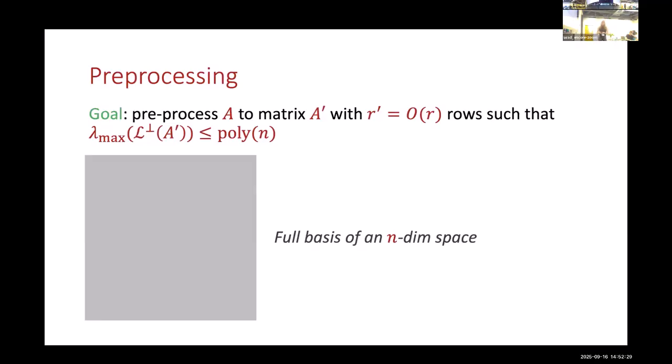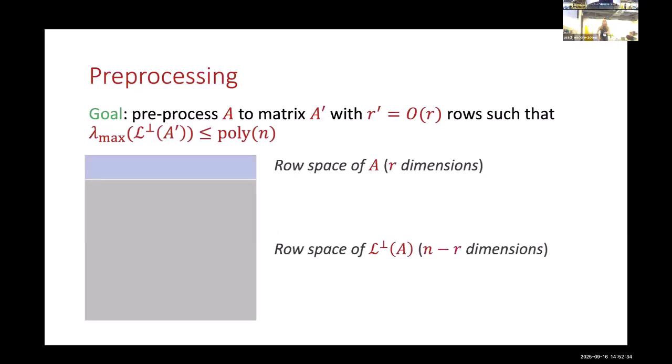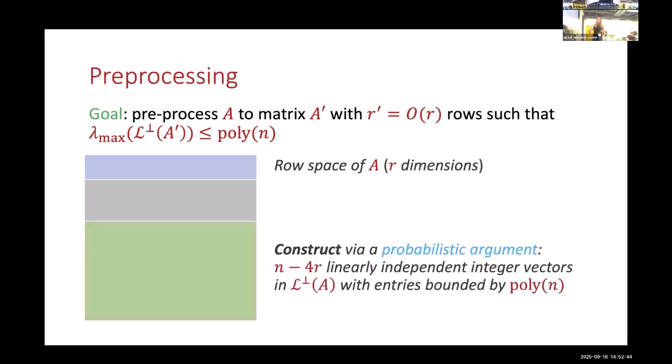What we're going to do is this. Here we have the full basis for the n-dimensional space, and this is roughly what we want. We start with the row space of A being r-dimensional. The orthogonal lattice to A is n minus r-dimensional. We will construct, using some probabilistic argument, n minus 4r linearly independent integer vectors in the orthogonal lattice, which have bounded norms.